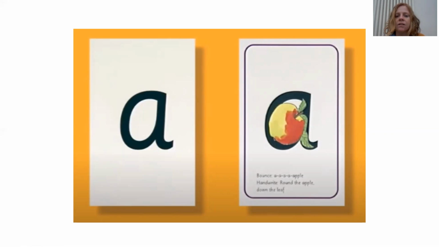Ready and, can you see my mouse cursor? This little arrow? Watch that. Ready and all the way to the top, round the apple, and then down the leaf of the apple. So we'll be writing that a little bit later.